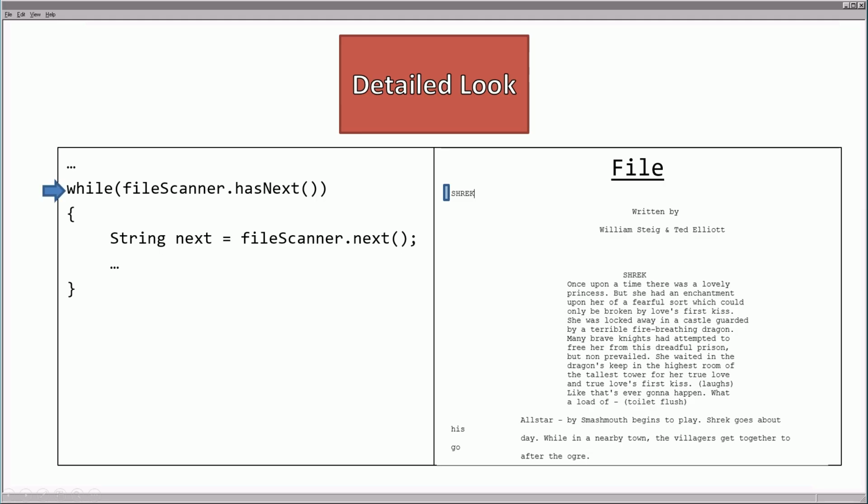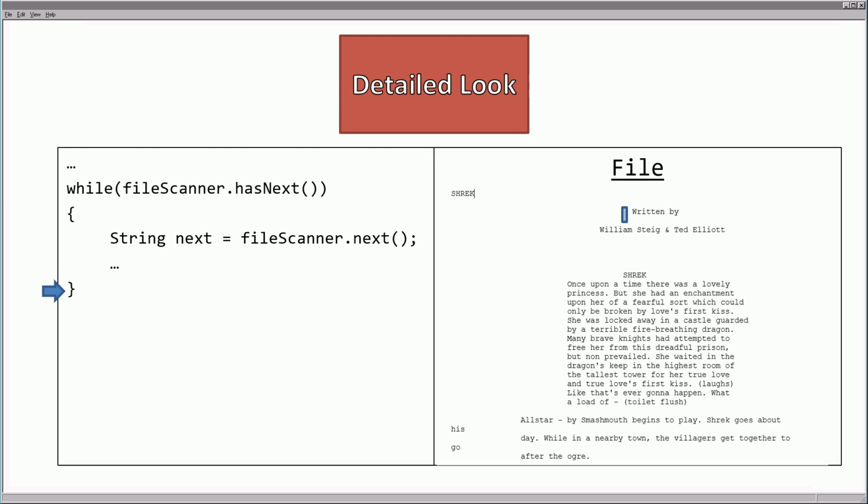So if we start with this part right here, we have not reached the end of the file, so we do have something next. When we enter this part here, what we're calling is fileScanner.next. What this does is, starting from that cursor all the way up until the first space, it captures all of that information and then stores it inside of that variable. Now once it's done that, it moves the cursor to the next position.